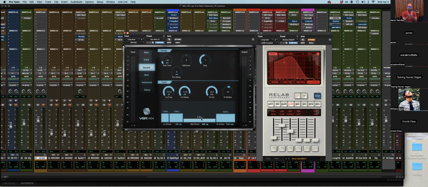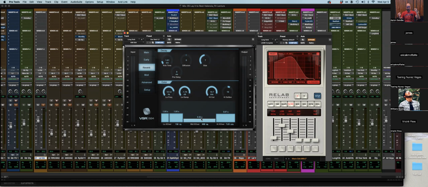Psychoacoustically, there's an argument to be made that if there is less energy being sent in this frequency range, then the RT60 is also lower, because the RT60 is how long it takes for that reverb to go down by 60 decibels so you don't perceive it. If you're sending 5 dB less of that frequency, then that RT60 will happen sooner.